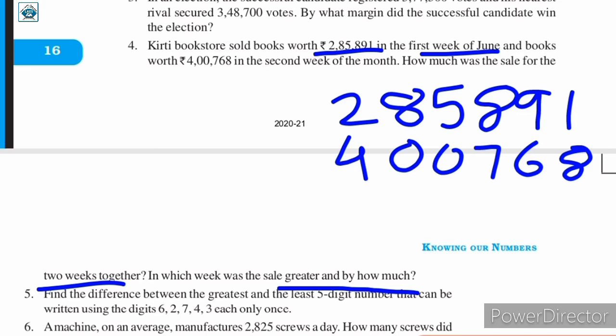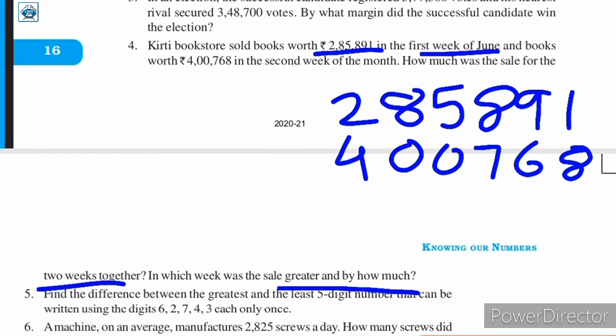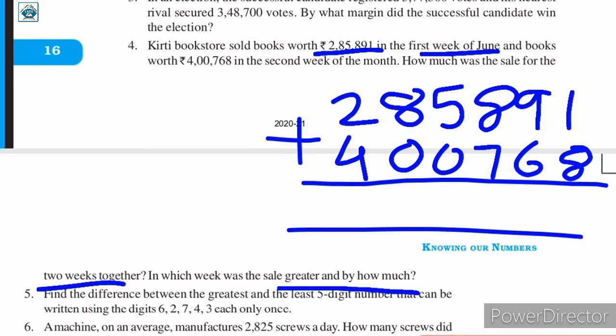This is the data given to us. So we are asked how much was the sale for the 2 weeks together. So this is for the first week and this is for the second week. In order to calculate the sale for 2 weeks together, we will simply add these two. So when you add these, you will get the sale for 2 weeks together.